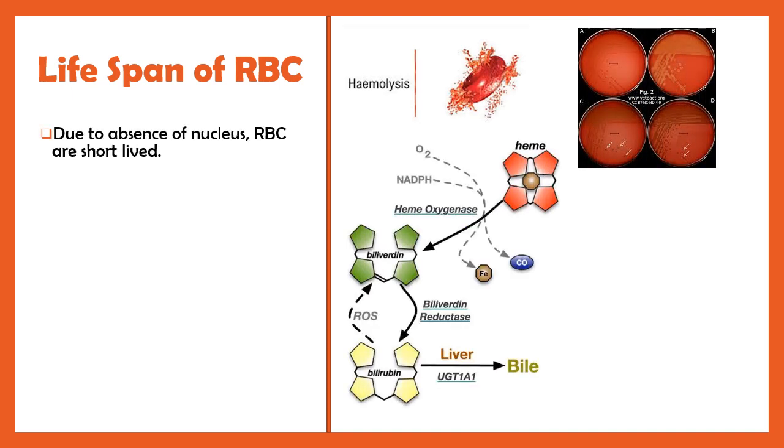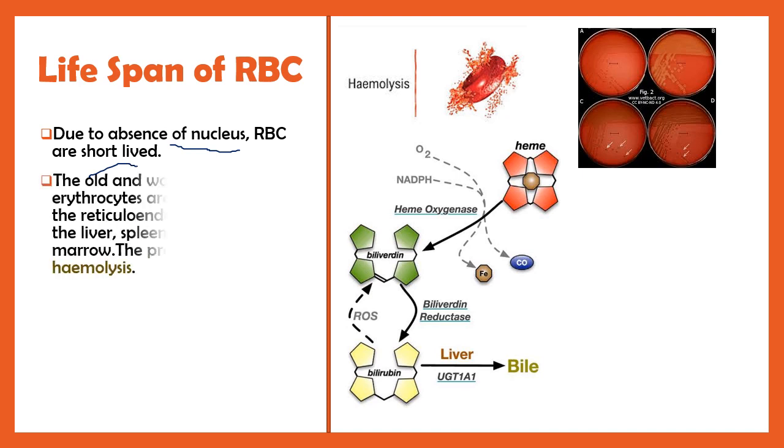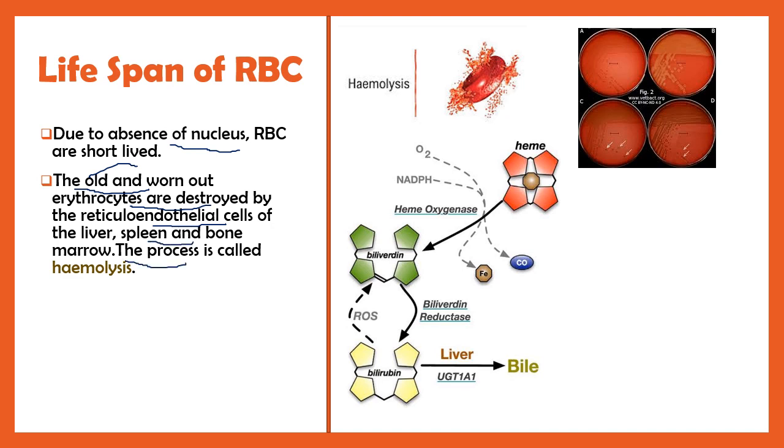Now let's discuss the lifespan of RBCs. Since RBCs have no nucleus, they are short lived. They don't live for a long time. Old and worn out erythrocytes are destroyed in the reticuloendothelial cells of liver, spleen, and bone marrow, and this process is called hemolysis.